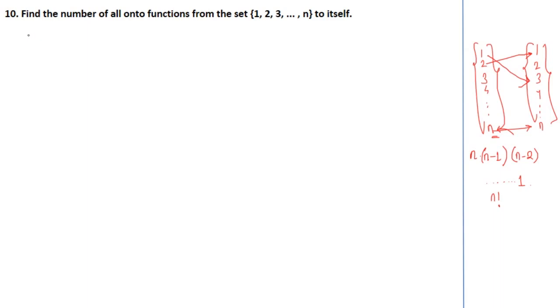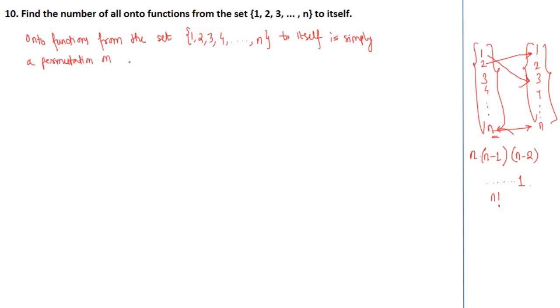So onto functions from the set 1, 2, 3, 4 up to n to itself is simply a permutation on n symbols. Okay, you get n numbers or symbols, you may say anything.